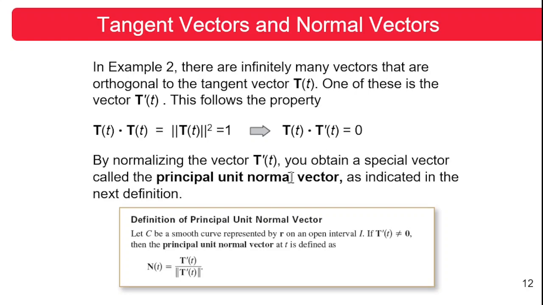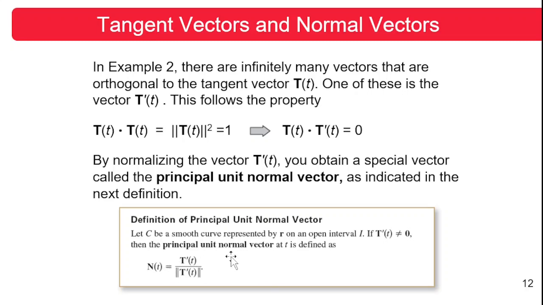So, by normalizing the first derivative of the tangent vector, denoted by T'(t), you will obtain a special vector which is called the principal unit normal vector. By definition, let us define what a principal unit normal vector is.